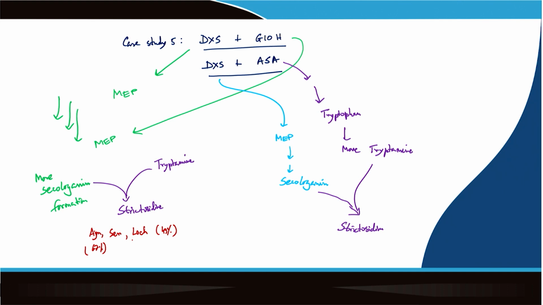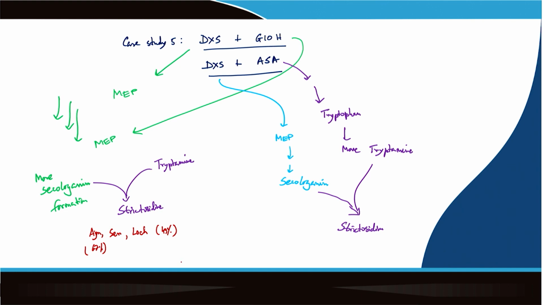This happened, and when both DXS and G10H were used, that caused a significant increase in ajmalicine, lochnericine and tabersonine. I am not showing the data.